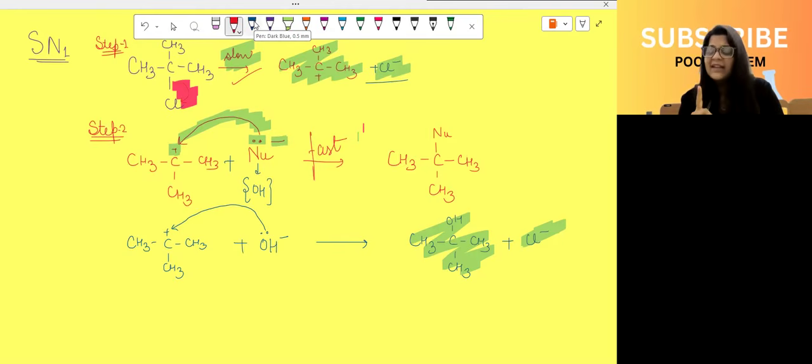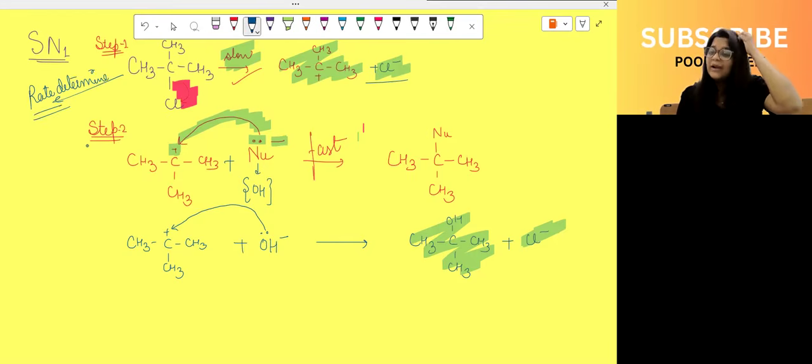Now, you know that when any reaction happens in multiple steps, the slowest step is the rate determining step, right? So in that particular case, my step 1 becomes the rate determining step. Now, in this step 1, I just have the halogenoalkane over there, nothing else.